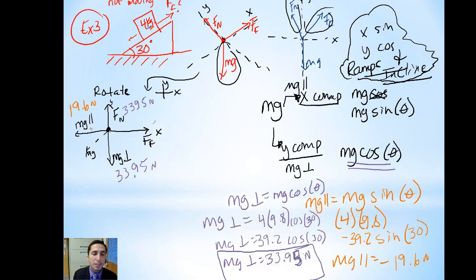If the box wants to slide down the ramp at 19.6 newtons, then what must the friction force be that's holding it up there? If the box isn't moving, if it's staying in the state that it's in, the friction force has got to be equal to the weight of it that wants to go down the ramp, so it must be the same. So your friction force is 19.6 newtons. It's got to be that.